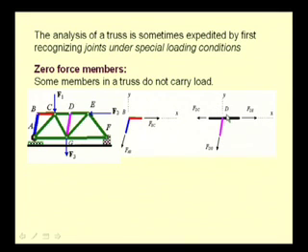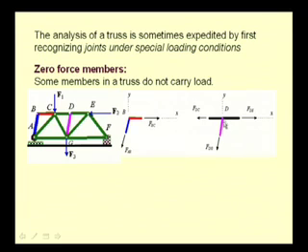For this joint D to be in equilibrium, the vertical component of this force DG has to be balanced, and since both the members CD as well as DE are horizontal and cannot take any vertical component of the force, the force in the member DG has to be 0, and the force in member CD is balanced by the force in member DE.